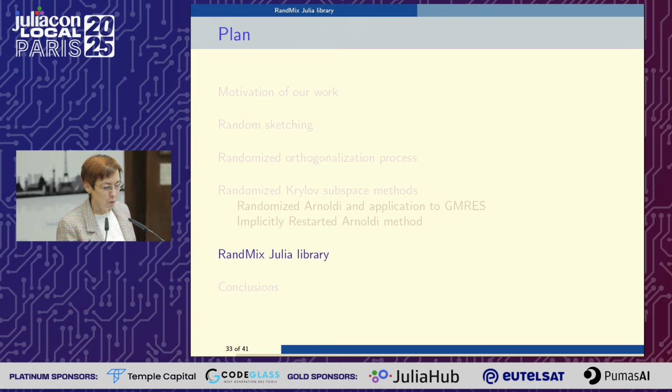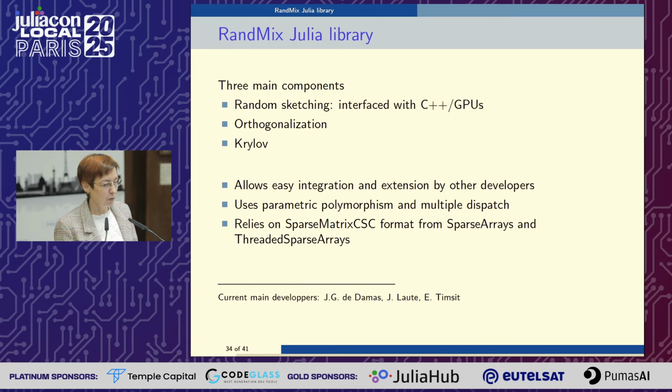And now a few words about the Julia library we are developing. The name is not fixed, but RandMix for now. The main developers are Jean-Guillaume de Damas, Johannes Laute, and Edouard Timsit. What we want to do is to make all those methods available such that people can start using them and integrate them in their own codes.